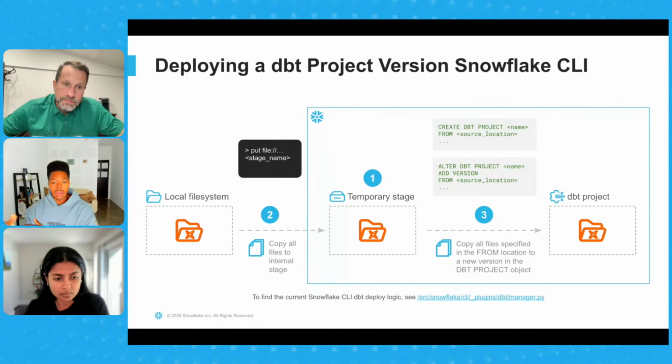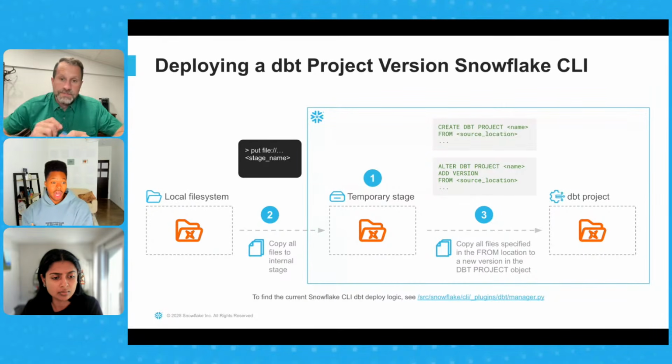Another aspect is what we're calling base compile. Every time you deploy, not only can you say, hey, my external access integration, make sure you run dbt deps, but always by default, we will run a compile at the end as well. That way you get all of your up-to-date manifest files.